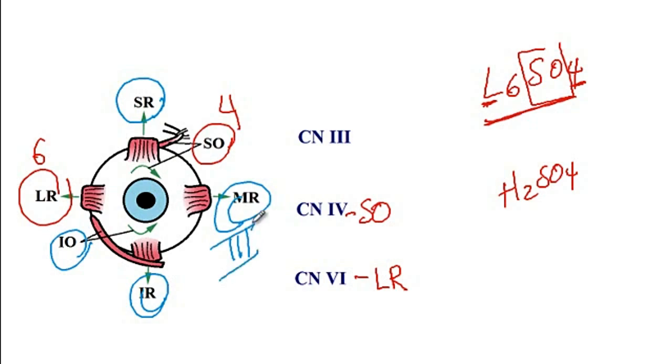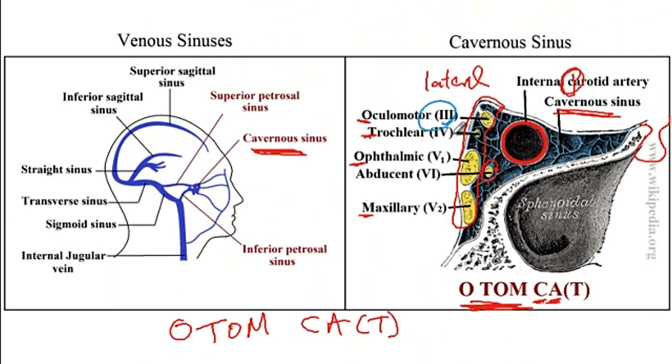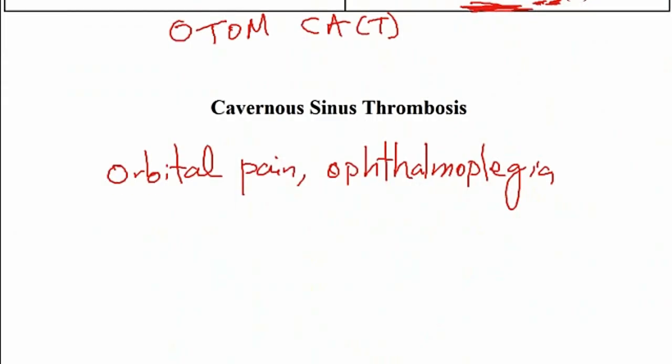So therefore, given that all of these nerves, oculomotor, trochlear, and abducens, are being affected by cavernous sinus thrombosis, patients can develop ophthalmoplegia or paralysis of the extraocular muscles.